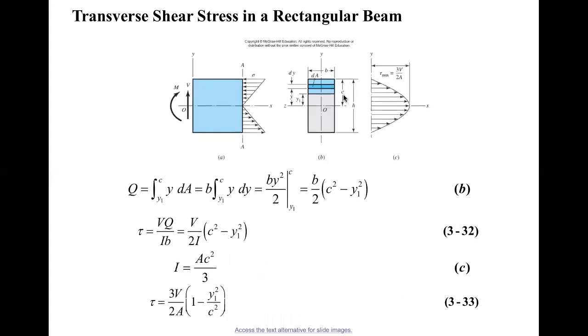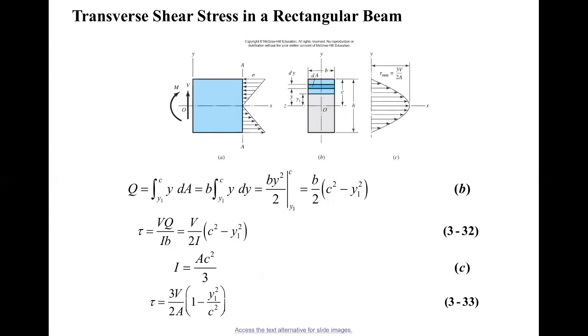Let me give you this example. For example, this is a rectangular beam. The cross section is rectangular, and we calculate the shear stress. Tau equals VQ over Ib. V is the shear force. You just use statics, use FBD, find the V.